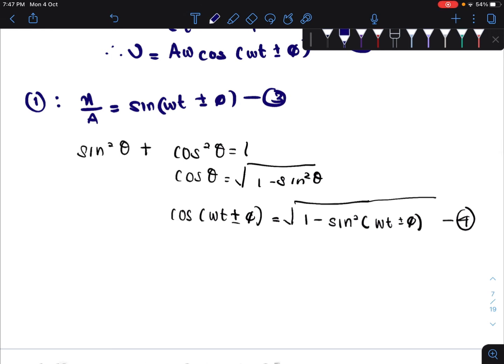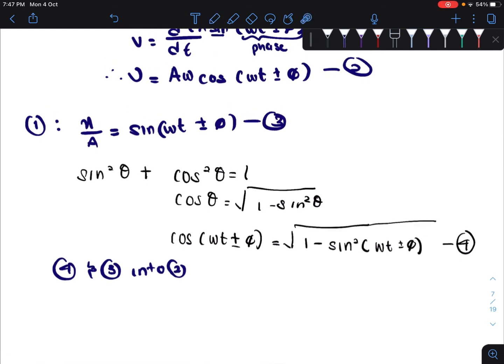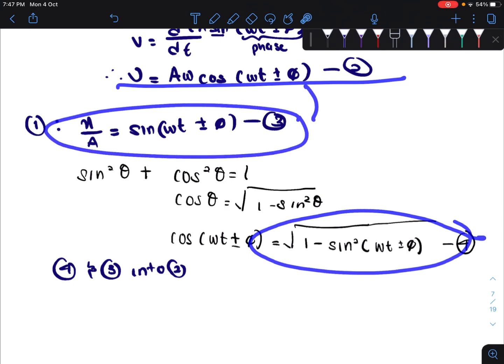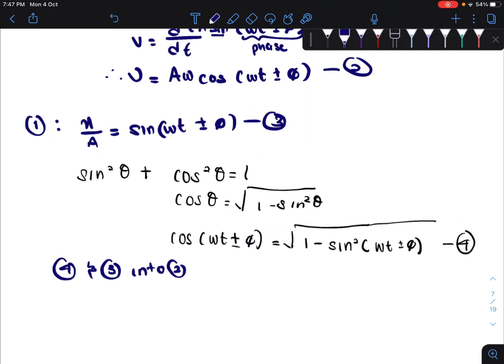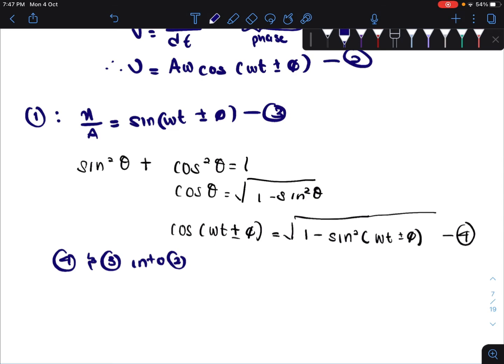Alright. And then, next, what I want to do is substitute equation 4 and 3 into my second equation. Okay, the second equation is this one here. I'm going to substitute this one and this one into here. How? Look. Alright, what is going to happen is our second equation is V equals A omega cos omega t plus minus phi.